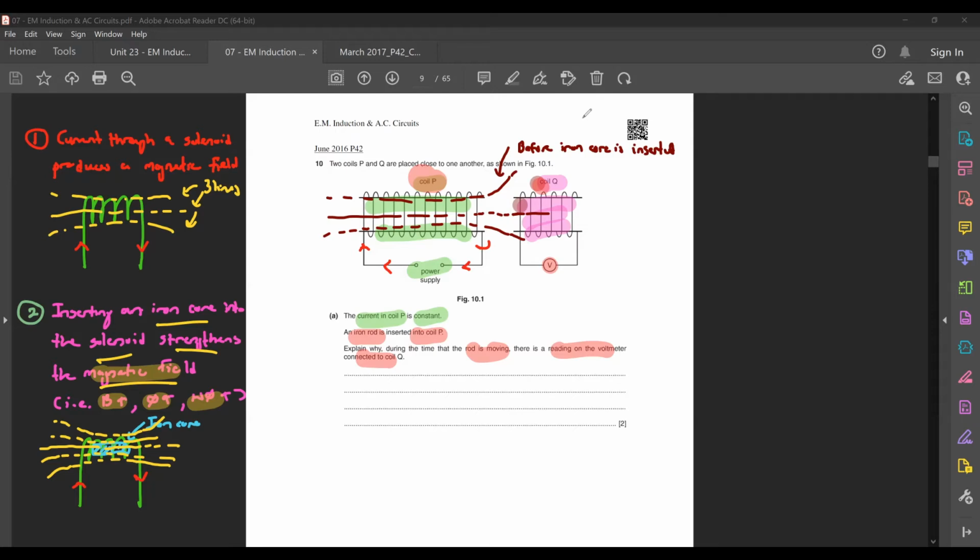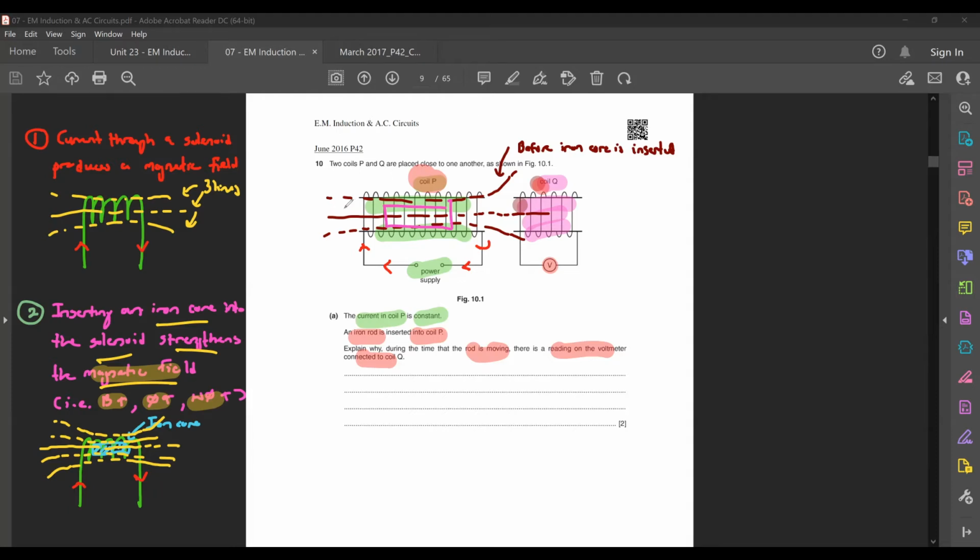When I insert the iron core, as I mentioned, it's going to strengthen the magnetic field. It's going to cause the density of the lines to become more. Just put it this way, the moment you insert your iron core, your magnetic field strengthens, and you expect to see more lines. So here, let me draw in green.